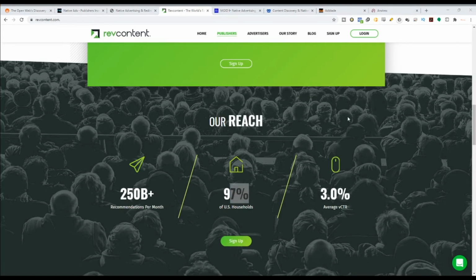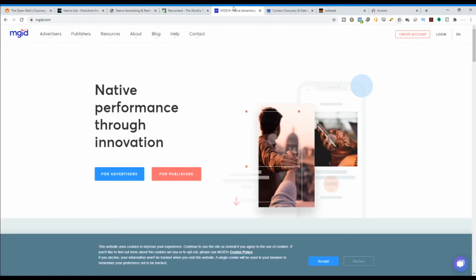I told you just now, all of them have their own advantages and disadvantages. When you talk about Revcontent, they are so popular when it comes to the United States of America. When you're running an ad targeting that, Revcontent rules. Revcontent is crazy.